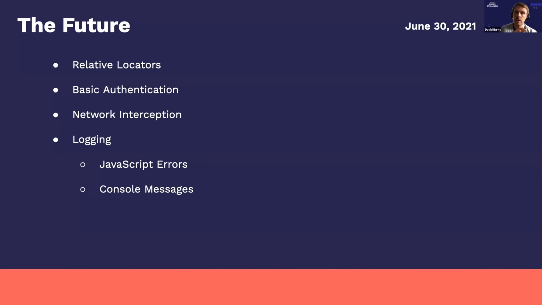And we work out using X and Y coordinates. You might have seen a similar feature in Sahi, which is really cool. Basic authentication support is in there. A lot of testers tend to have their servers behind some form of basic authentication.